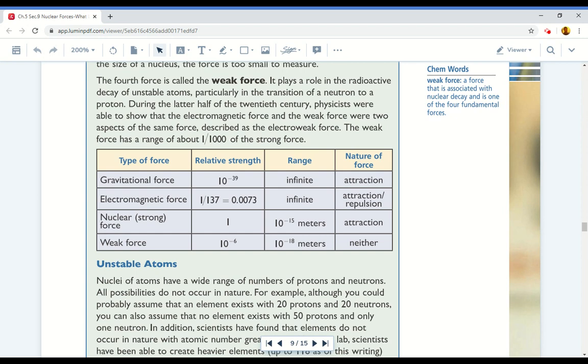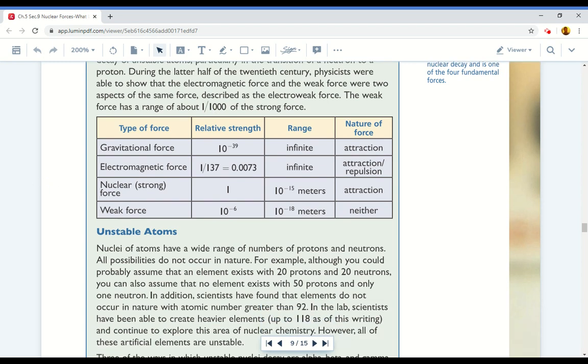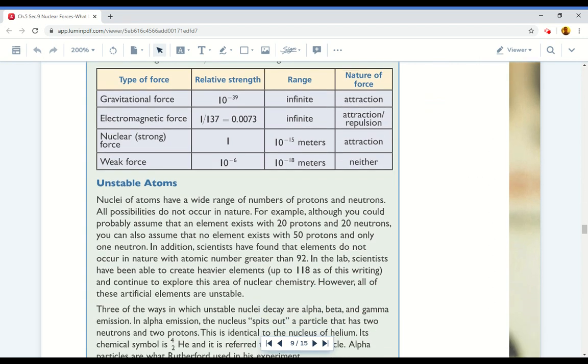The weak force has a range of about 1/1000th of the strong force. Types of forces: gravitational, electromagnetic, nuclear, weak. And this is the one that takes place inside the nucleus of the atom.